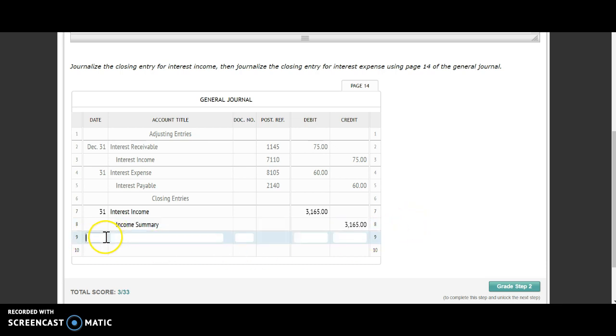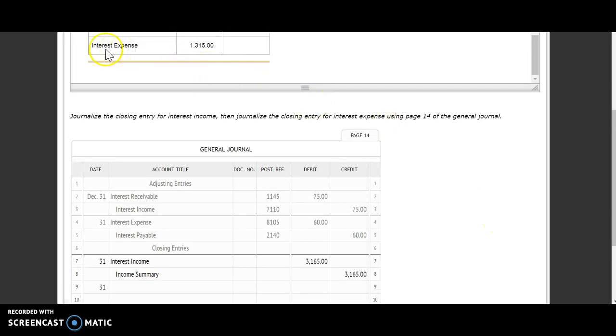My next transaction, put in the date again. Now I need to close my interest expense. When I look at my interest expense, I have a debit balance of $1,315. And in my adjusting entry, I have a $60 debit. So I'm going to add to that my $60 debit. If I have a debit balance, that means I need to credit interest expense to close it.